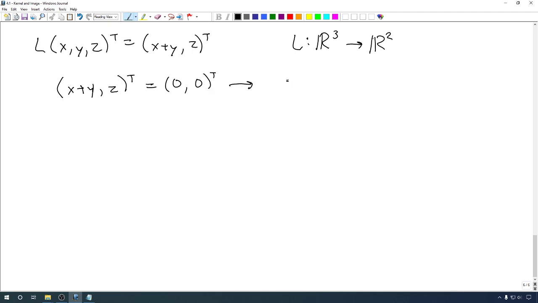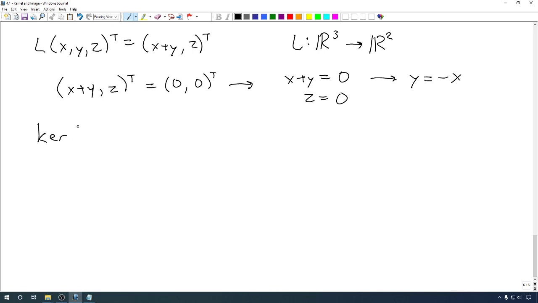This actually corresponds to the equation x plus y equals 0. So these are the two equations we have. That means if we pick a value for x, we can find out a value for y that works for it. In other words, we can solve for y and get that y equals negative x. There's nothing really too much more we can do with that.